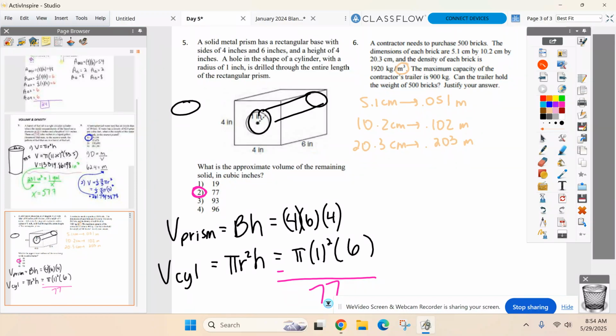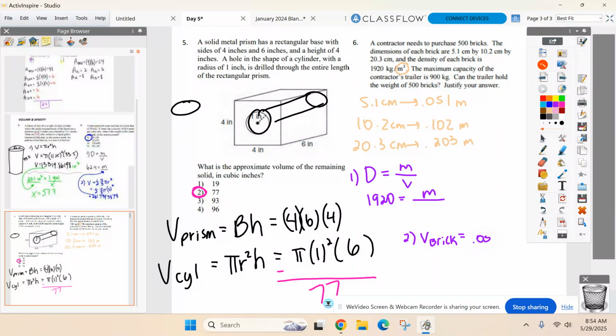All right, everyone's got them converted. Now you can find, because remember, we're doing density, right? So mass over volume. I plug in the 1920. We still got to find the volume, though, right? To find the mass. And it is a brick, so we'll do, Mia told us, length times width times height. I'll keep that. So the volume of a brick. I'm going to use my new converted values.